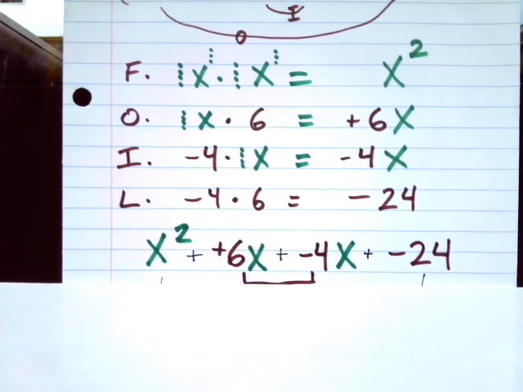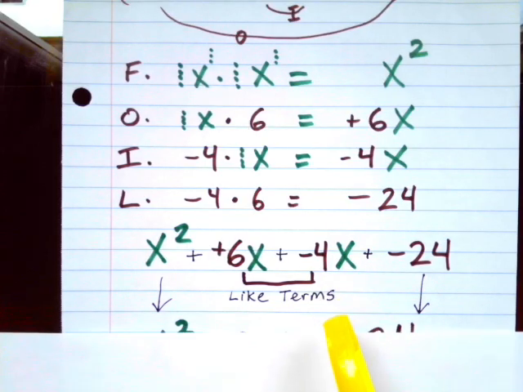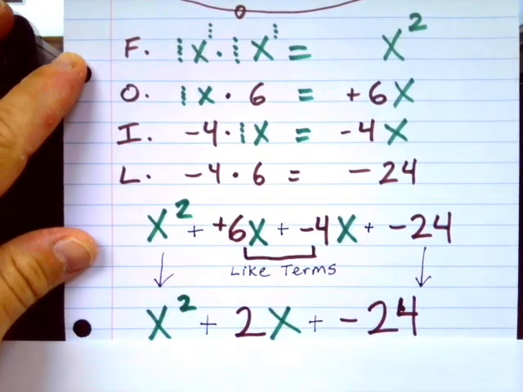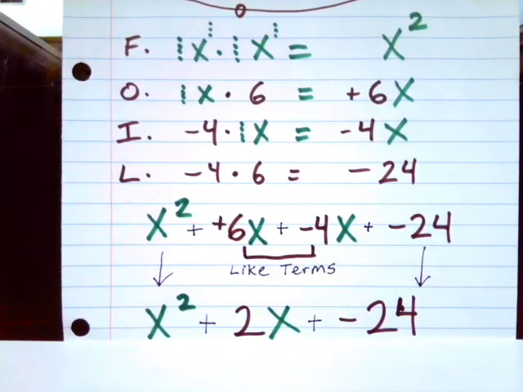So check that out. Here in this step, we're just going to combine like terms. Like terms have the same letter or variable raised to the same power, including the invisible 1. I can add or combine like terms. 6 minus 4 is a positive 2. Don't forget to keep that x with the term. 6 plus a negative 4 is a positive 2, and you've got that x attached.